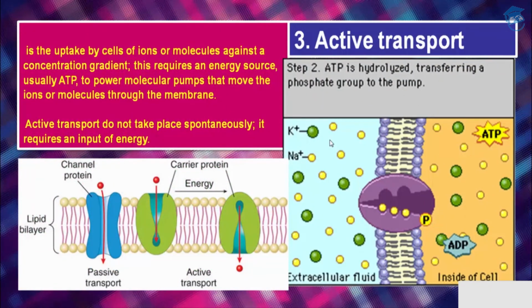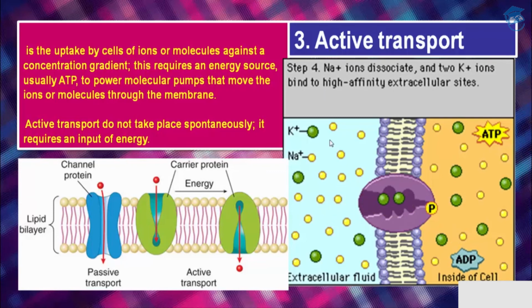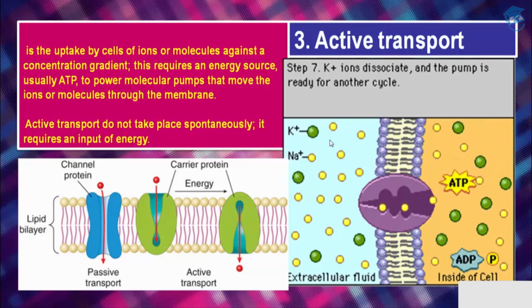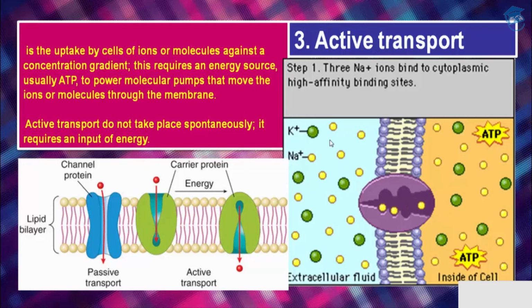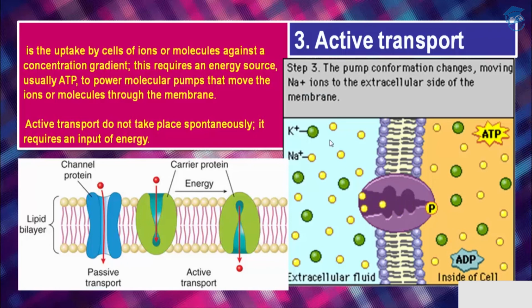Active transport, students, is the uptake by a cell of ions or molecules against a concentration gradient. That means it requires an energy source, usually ATP, to power a molecular pump that moves the ions or molecules through the membrane. Active transport does not take place spontaneously.